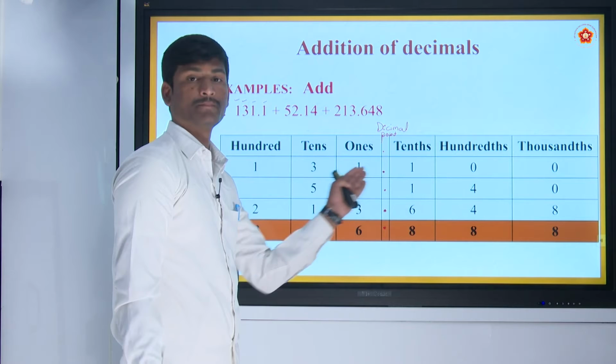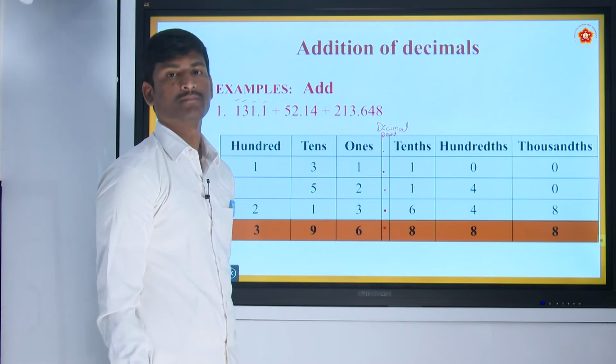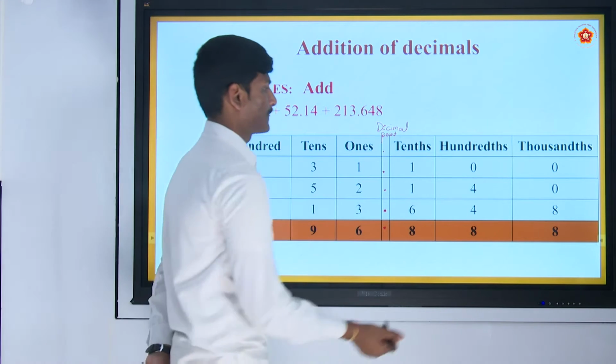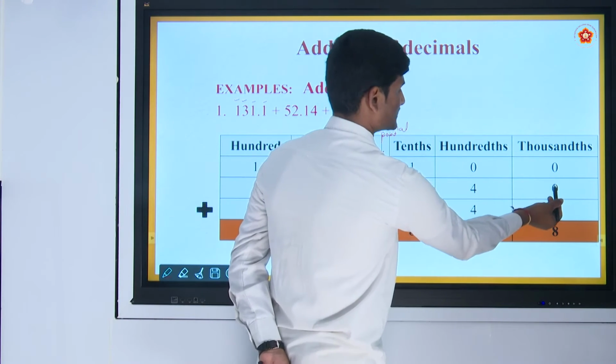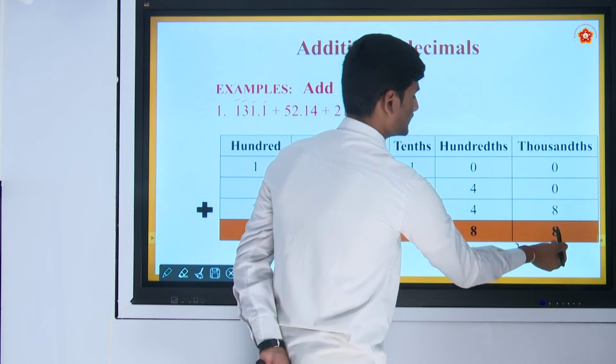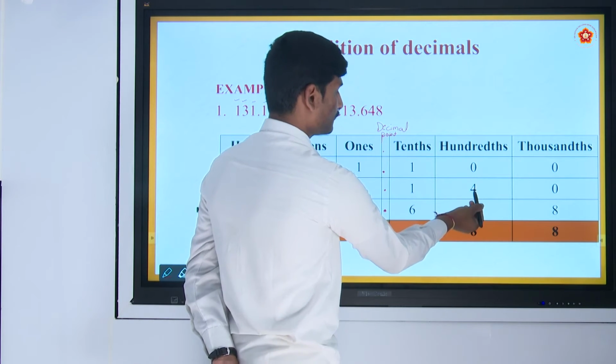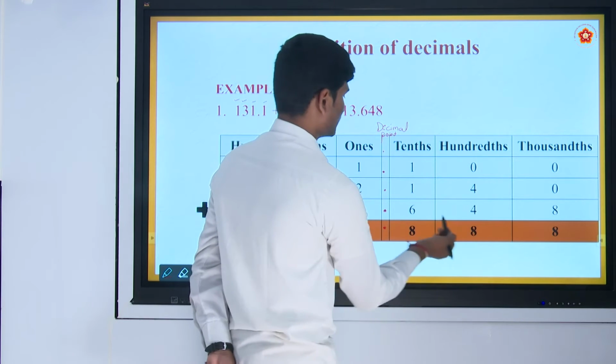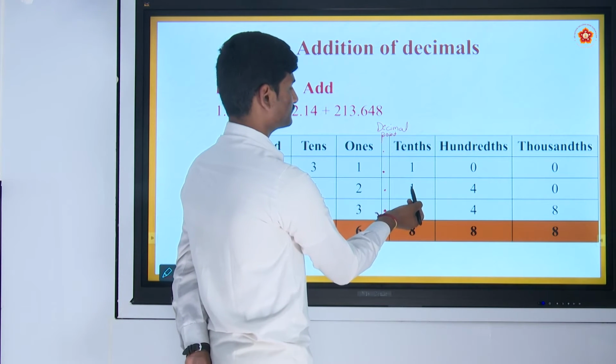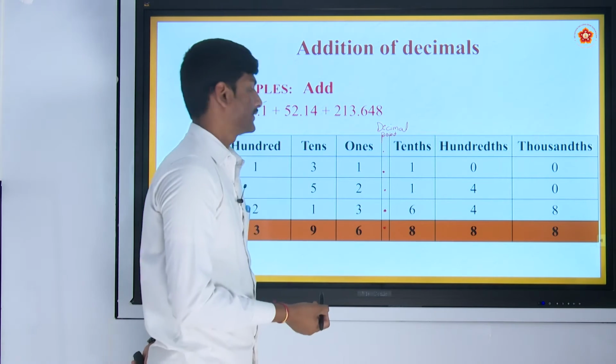Then we add these three decimal numbers. 0 plus 0, 0, 0 plus 8, 8. Okay. 0 plus 4, 4, 4 plus 4, 8. Here 1 plus 1, 2, 2 plus 6, 8.